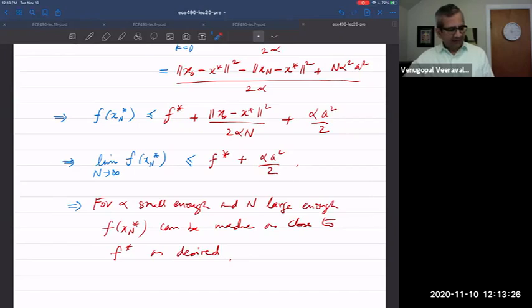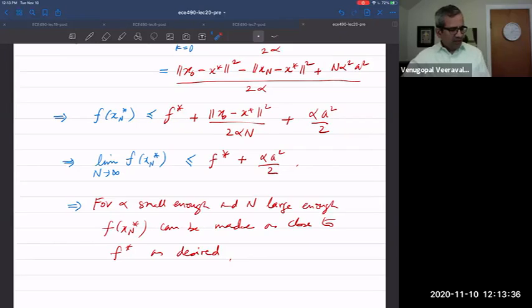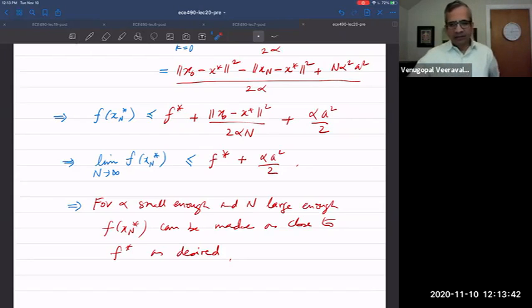The smallest magnitude may not be the best choice. But varying the step size is definitely one way to guarantee convergence. All right, we'll talk about that on Thursday.